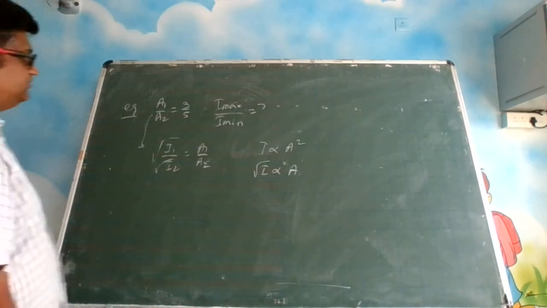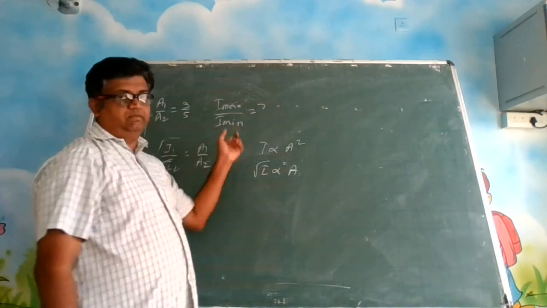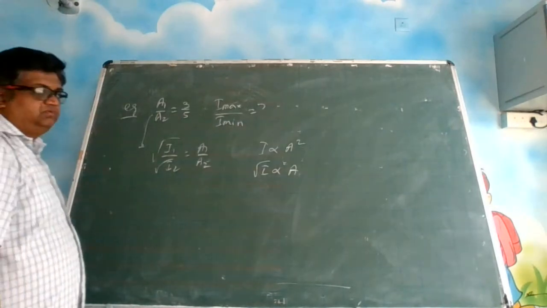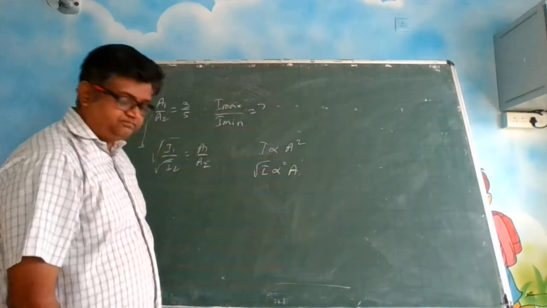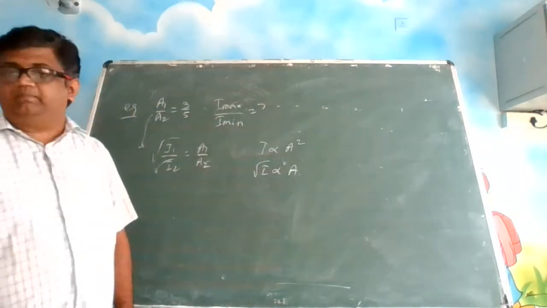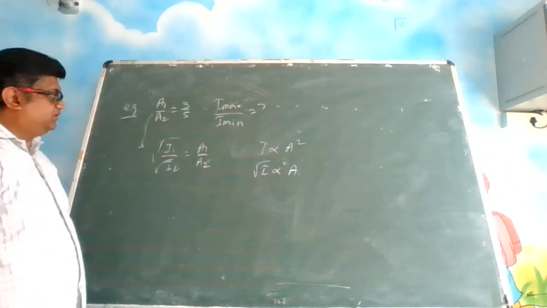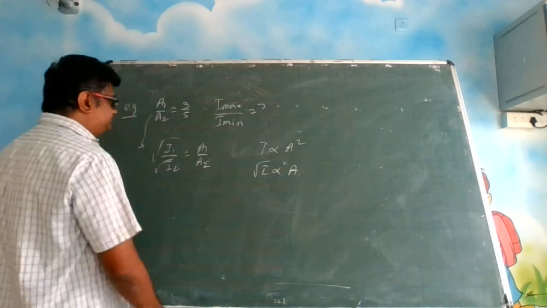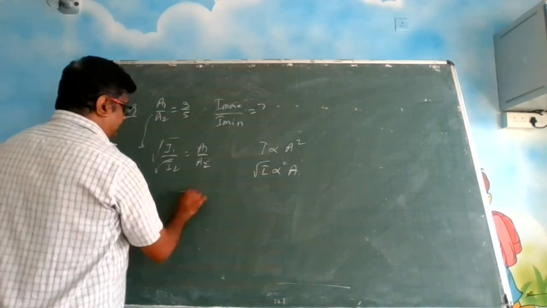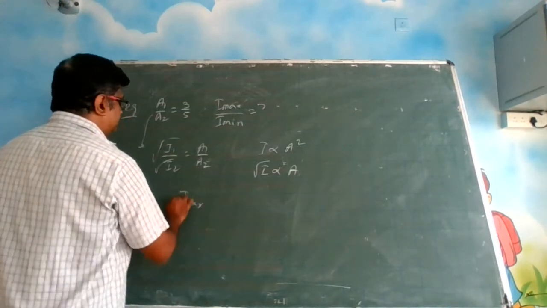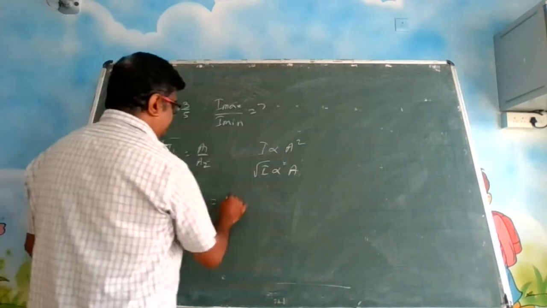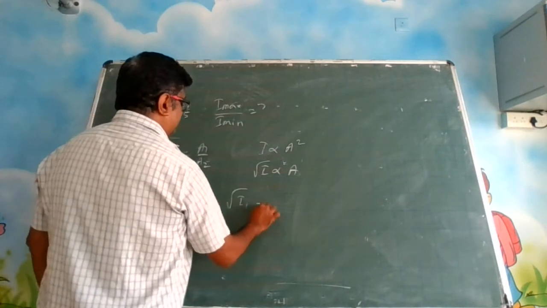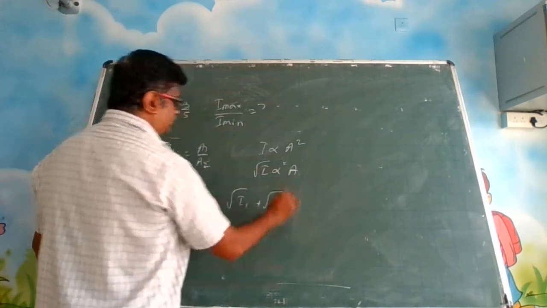Now in the question they are asking you I max to I minimum. So when does I max come? In the case of maximum amplitude, in the case of constructive interference. So our expression was for I max, root over I max is equal to root over I1 plus root over I2.